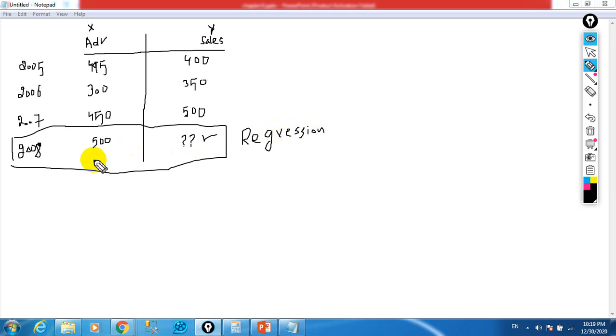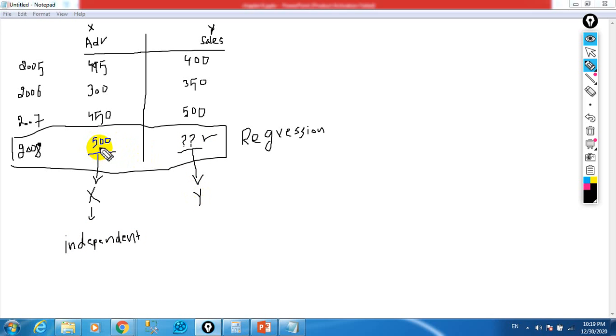Now we have a dependent and an independent variable. The value of x is given here, so x is independent in this case. Now we want to find the value of y, and the value of y depends upon the value of x.